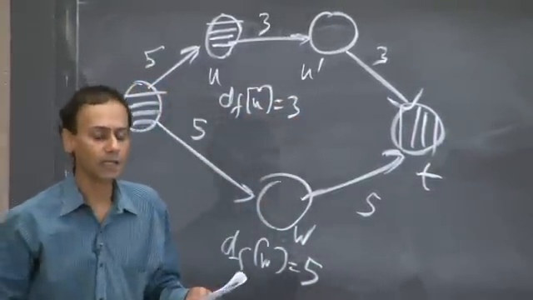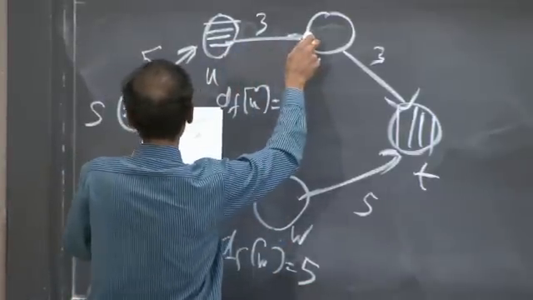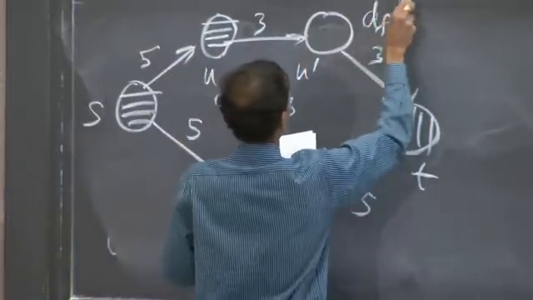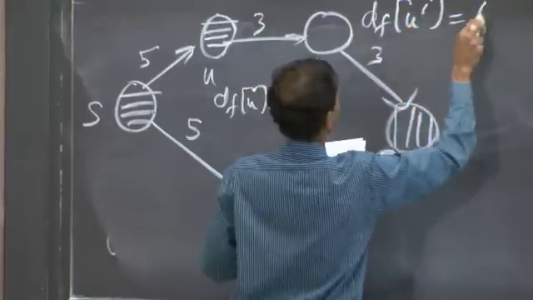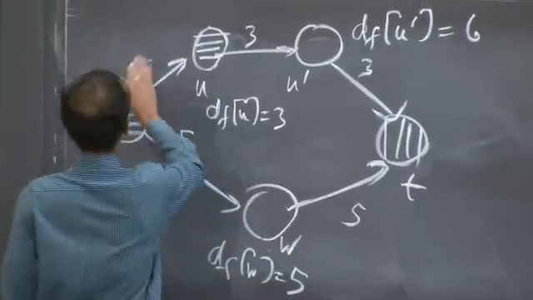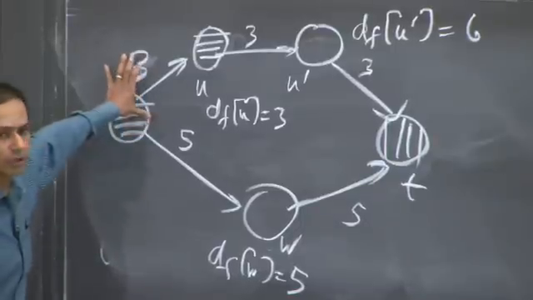So extract min is obviously going to pick U, and it's going to process this edge after extract min. And I'm going to have dF of U prime equals 6. Oh, there's 3 over there. Thanks. Good. So far, so good?